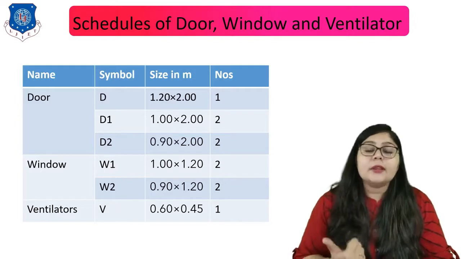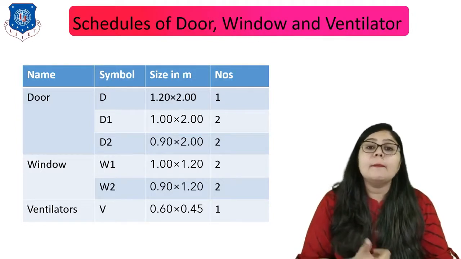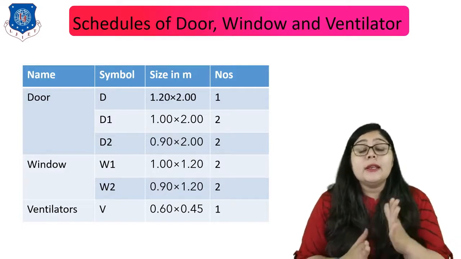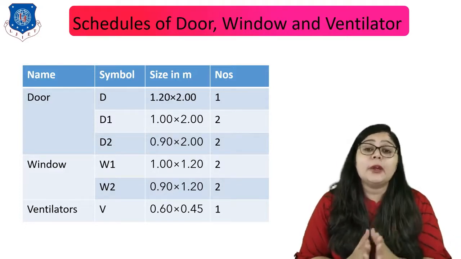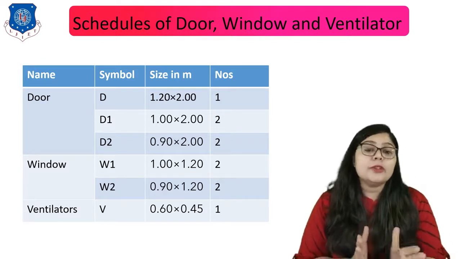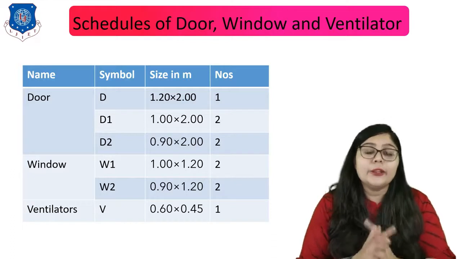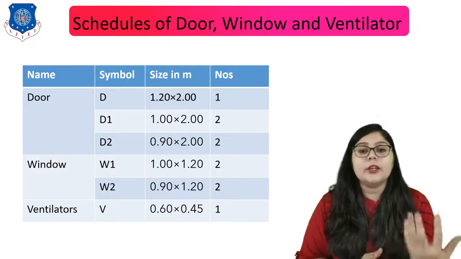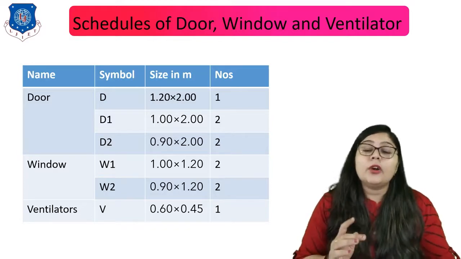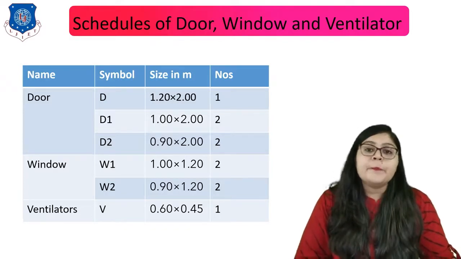Here I have mentioned their respective sizes and the number. It means if I am talking about a residential building where the door having a size of 1/2 is 2, right? It means 2 doors having a size of 1/2 are used for that particular building. So this is the concept where one can identify the size of opening, right?